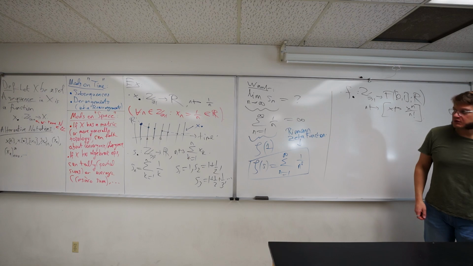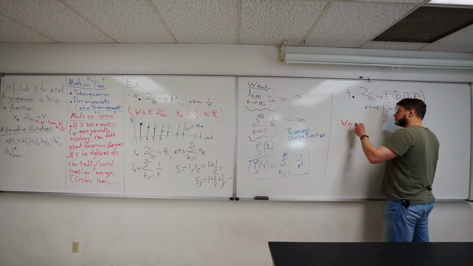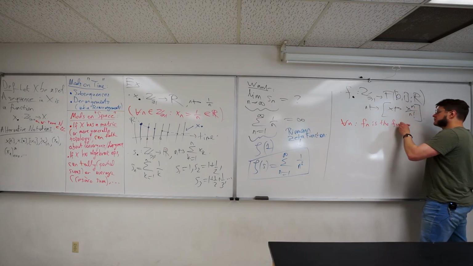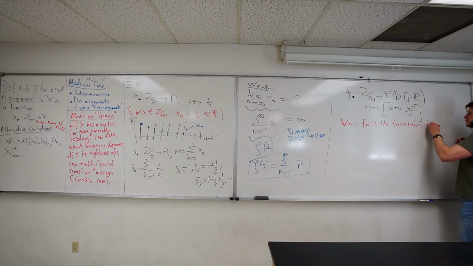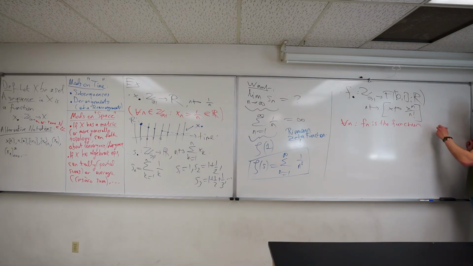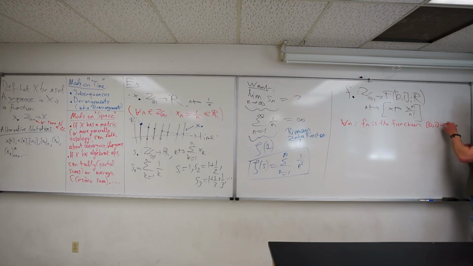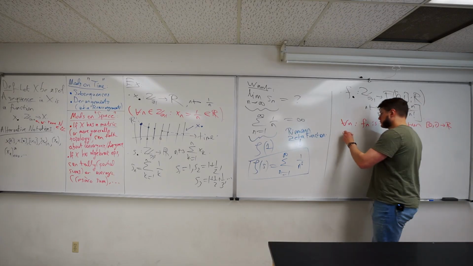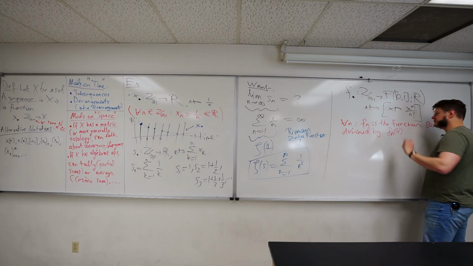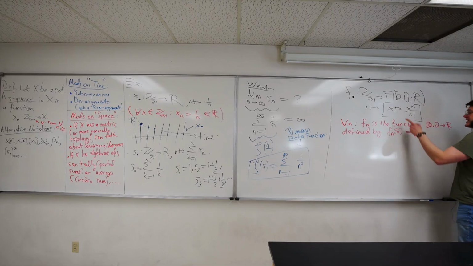So again, writing it explicitly, this really means for any n, f sub n is the function from 0, 1 to R defined by f sub n of x equals x to the n divided by n factorial for any x in 0, 1.